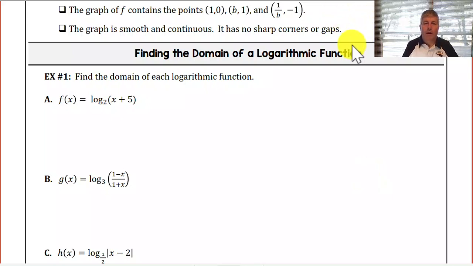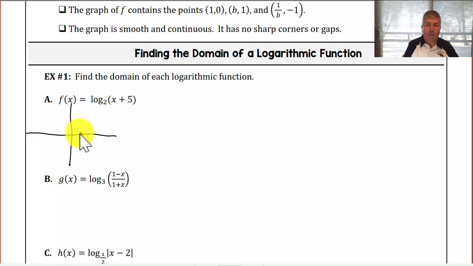So we're going to go on to a couple challenging examples here. Find the domain of each logarithmic function. If we understand our transformations here, we know that this log function has been shifted 5 units to the left. So how is that going to impact our domain? Well, our vertical asymptote is going to shift 5 units to the left.